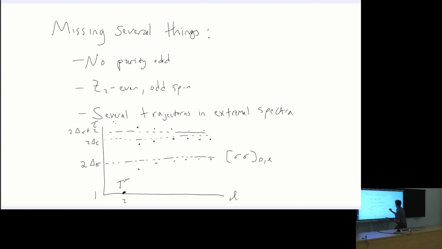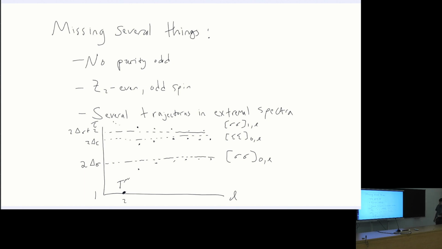And so these are the epsilon epsilon, 0 L, and sigma sigma 1 L trajectories. So you see all this structure.